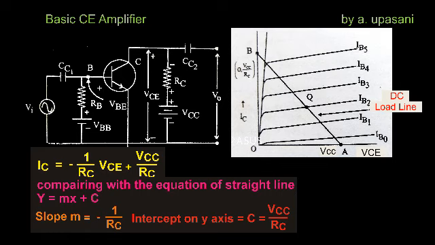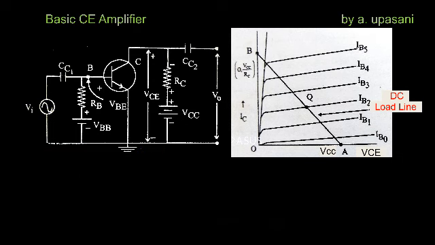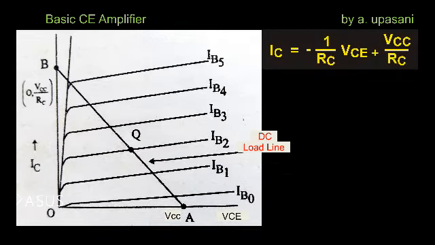So in this way we can express this equation as an expression for a straight line. The straight line is nothing but the DC load line. So this is the equation for the DC load line. Now the DC load line can be plotted on the output characteristics.